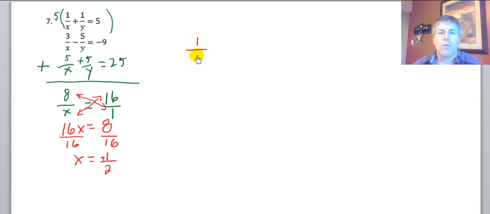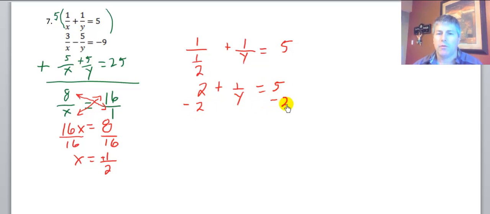So I'm going to substitute into the top equation 1 over x. So 1 over 1/2 plus 1 over y equals 5. Well, 1 over 1/2 is really 2. 2 plus 1 over y equals 5. I subtract 2 from both sides.